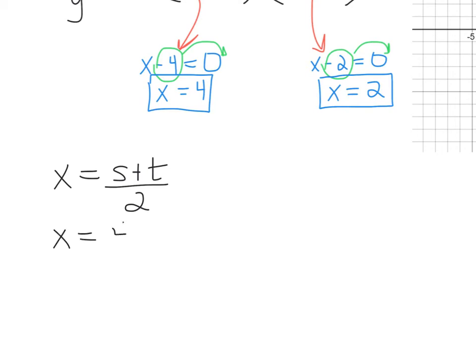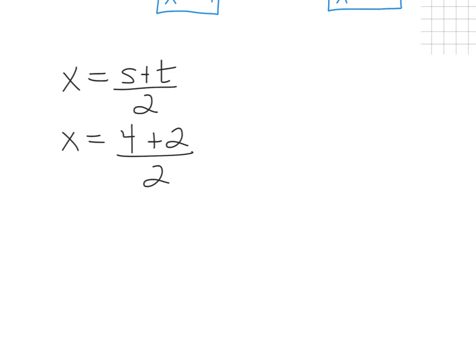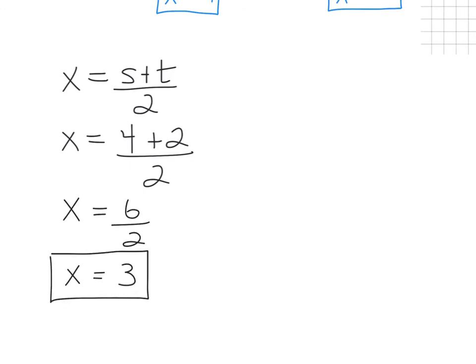So we've got 4 plus 2 all divided by 2. So 4 plus 2 is 6, and 6 divided by 2 is 3. So my axis of symmetry is 3, or half of my vertex is located at an x value of 3.